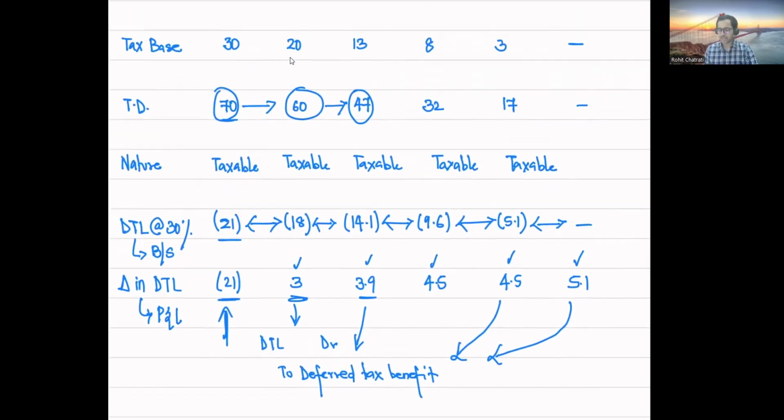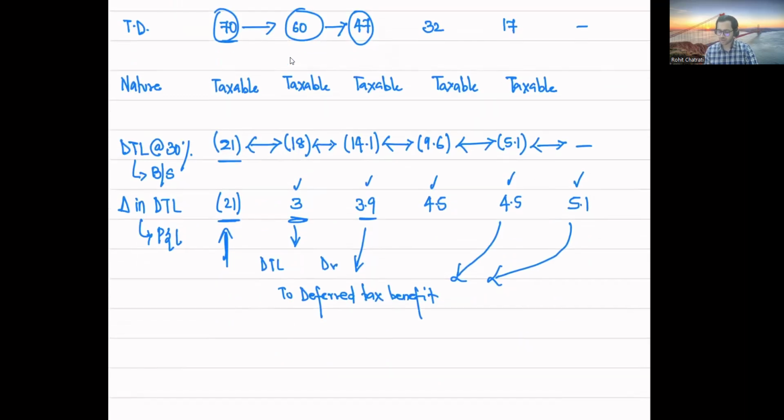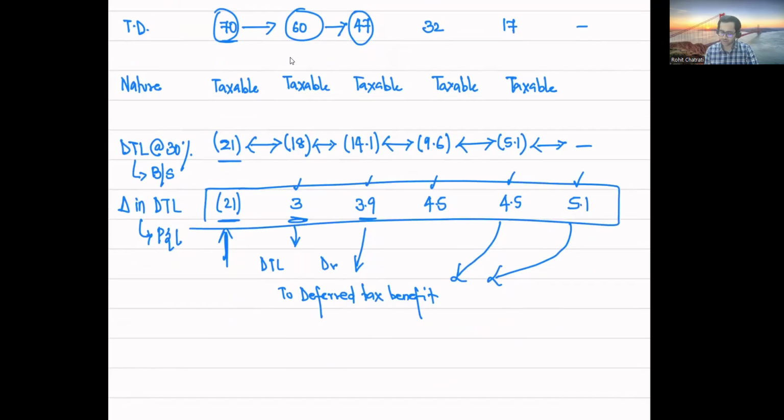Another point that I would like to mention is the sum total of all this will definitely be equal to zero, because deferred tax expense is created in one year and is reversed in another year. If you remember the interest receivable example we had, we created a deferred tax expense of 30 in year 1 and we reversed it in year 2.